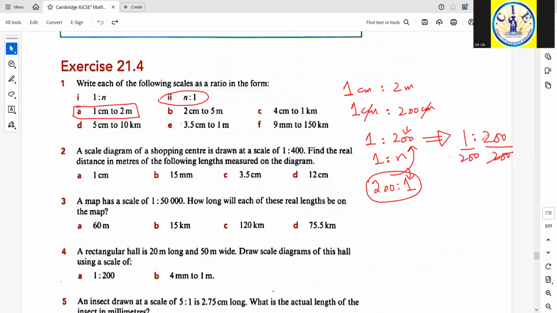So you can have this as 1, and this would be 1 by 200 ratio 1, which could be written as 0.005 ratio 1. So this is how it is to be done.